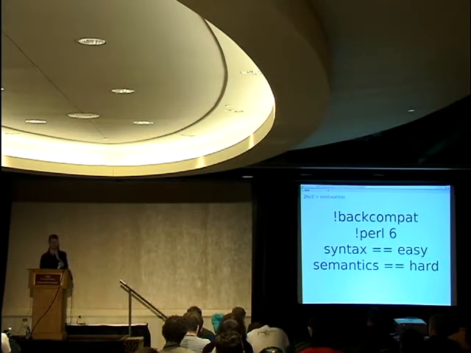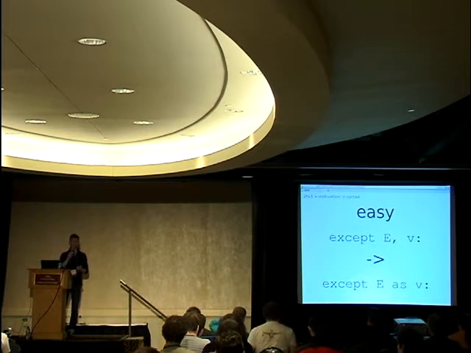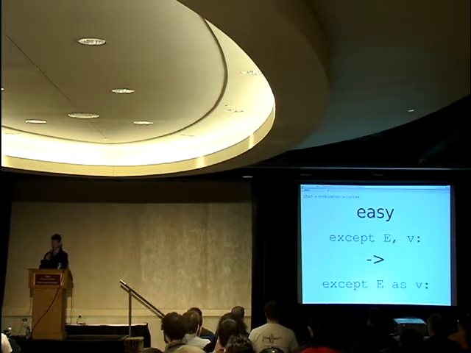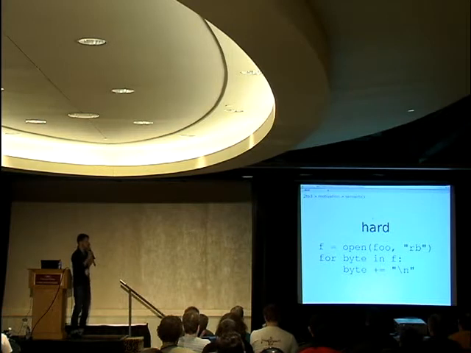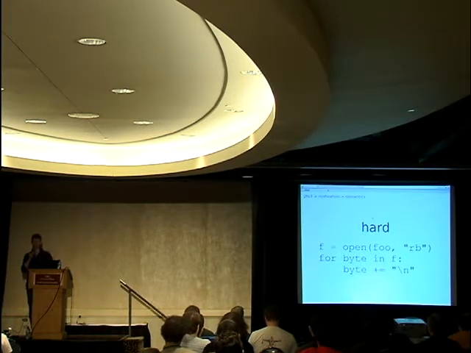Things like translating the except statement into new syntax is easy, and 2to3 can do that without any problem. But things like this are a lot harder to translate to a version that'll work in Python 3. Who knows what's wrong with this? Or at least what will be wrong with it in Python 3.